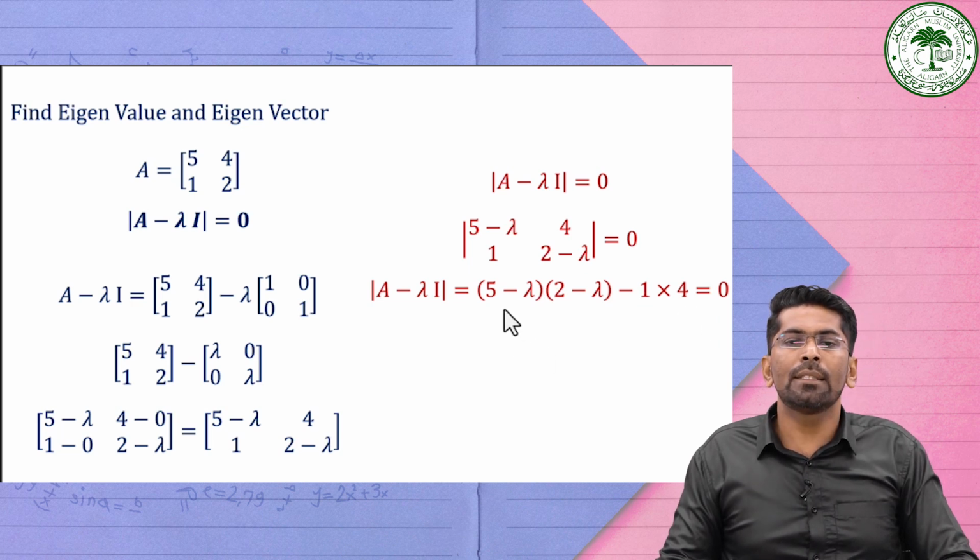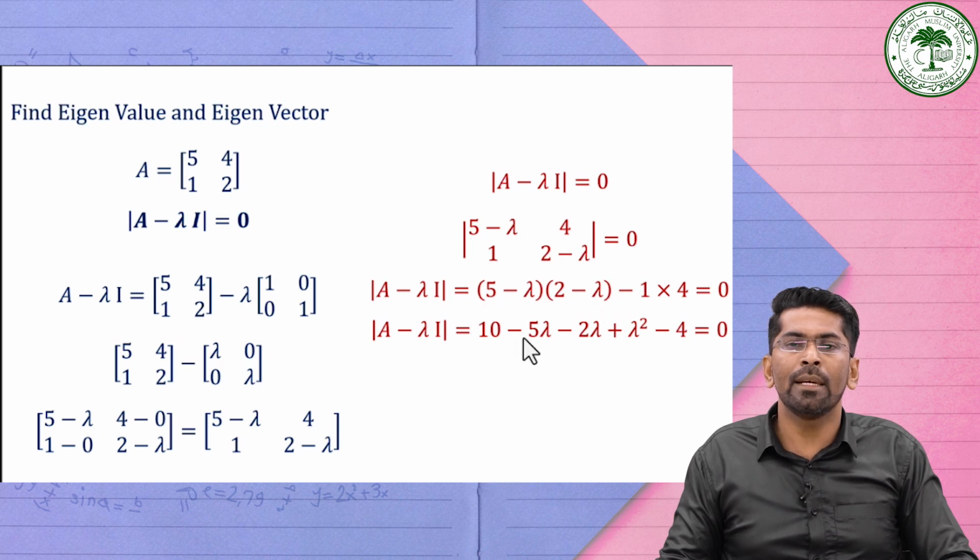So (5 minus lambda) into (2 minus lambda) becomes 5 into 2, which is 10, minus 5 into lambda, which is minus 5 lambda, then minus lambda into 2, which is minus 2 lambda, plus minus lambda into minus lambda, which is plus lambda square, minus 1 into 4, which is 4, equating with 0.